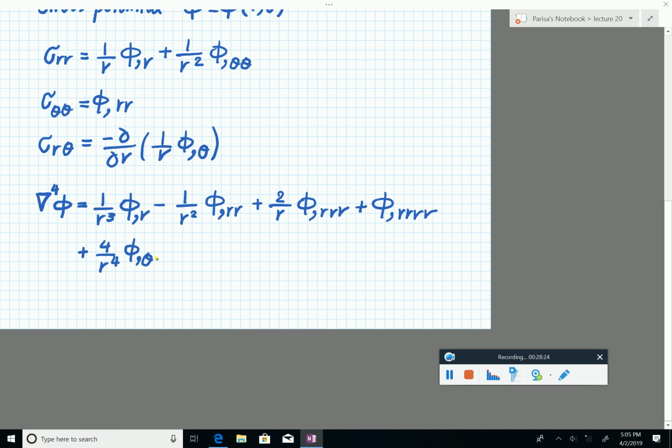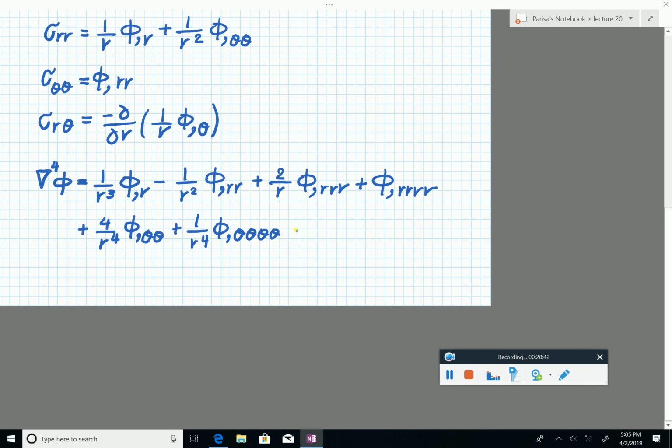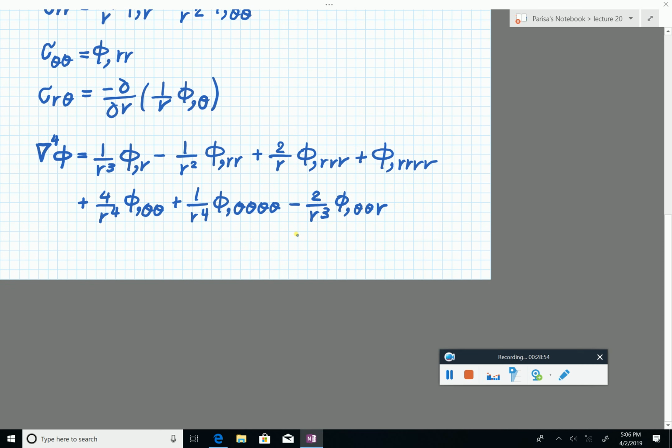And then there are these 2 terms, which are just partial derivatives with respect to theta, minus 2 over r cubed, and these are the mixed ones, comma theta theta r, plus one more term, a little bit more complicated, right?